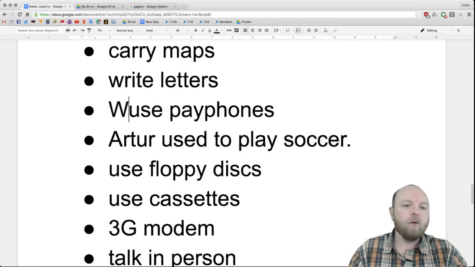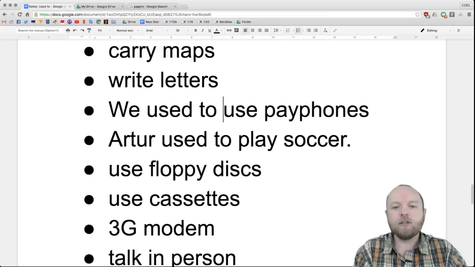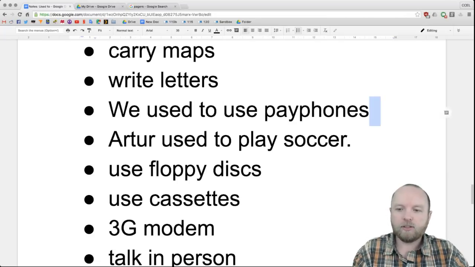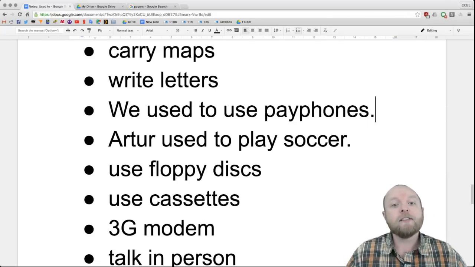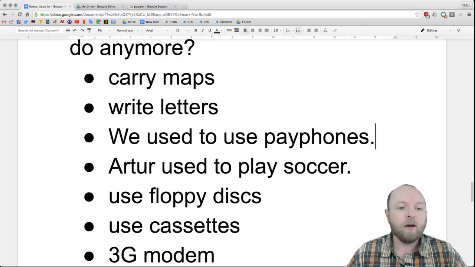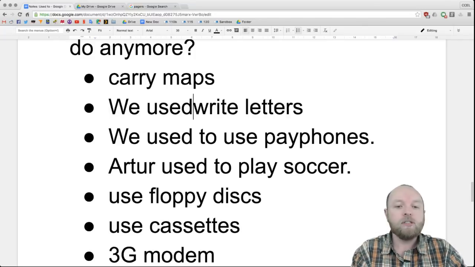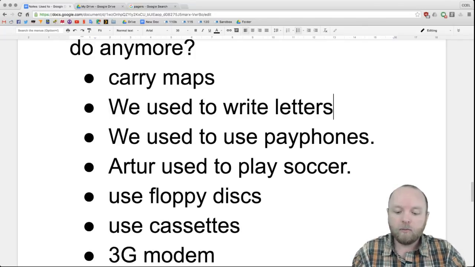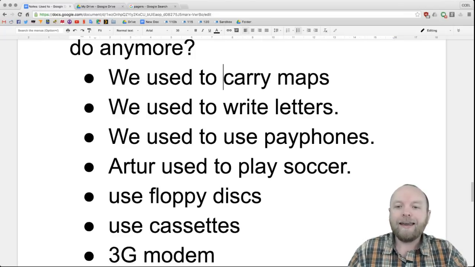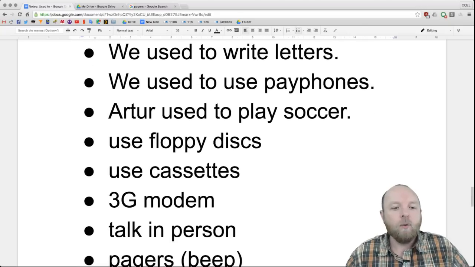Okay. Or we used to use payphones. Remember, guys, please write some examples in the chat. Okay? We used to write letters. We used to carry maps, right? Easy, right? Used to is so easy. We used to use floppy disks.